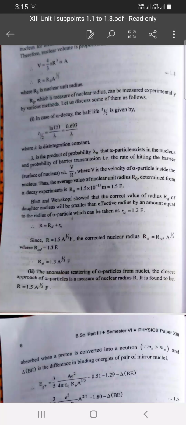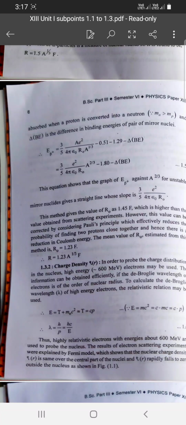Z is the smaller of the atomic numbers. For example, hydrogen 3, helium 3, carbon 13, nitrogen 13 and so on. For mirror nuclei, A equal to 2Z plus 1 is the relation. A is the mass number, Z is the atomic number.